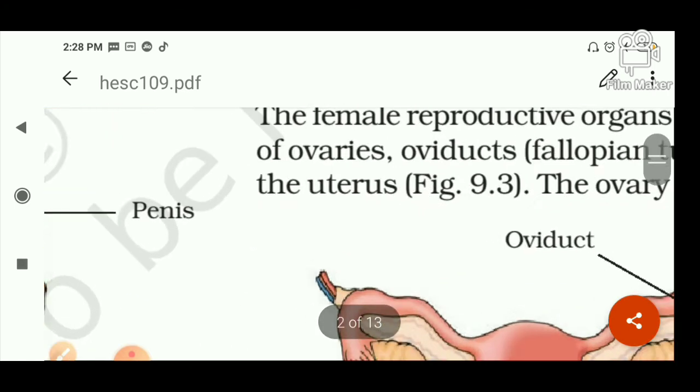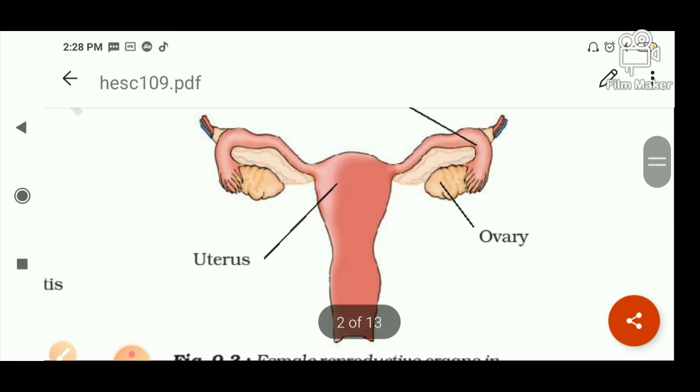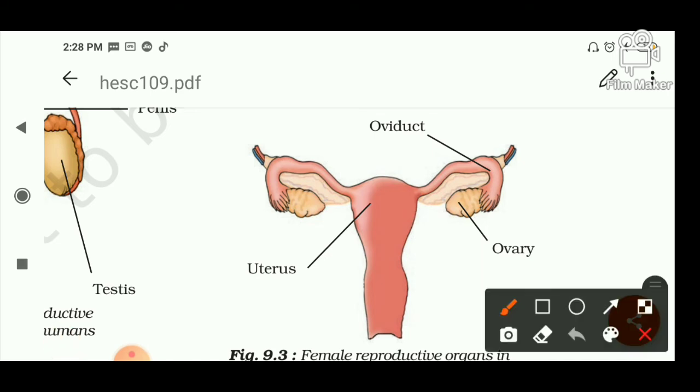Now see the female reproductive organ. Now I'm showing you the picture. Now this is clear. The female reproductive system comprises a pair of ovaries. These are approximately the shape and size of an almond, right? These ovaries are in the lower abdomen.